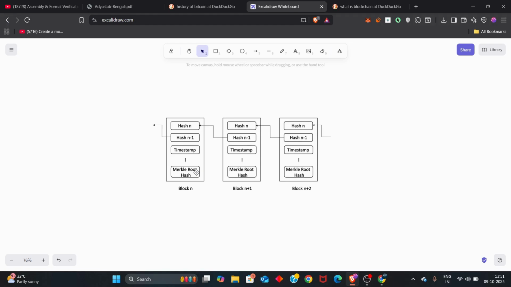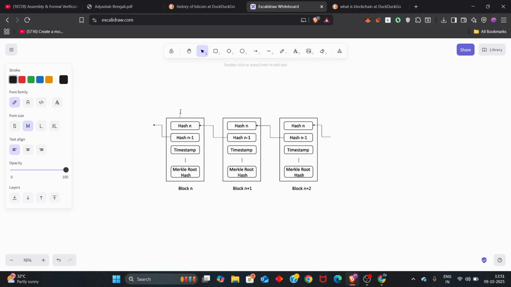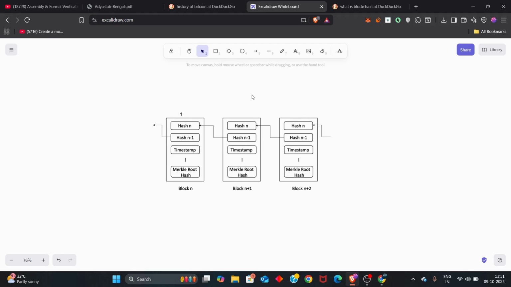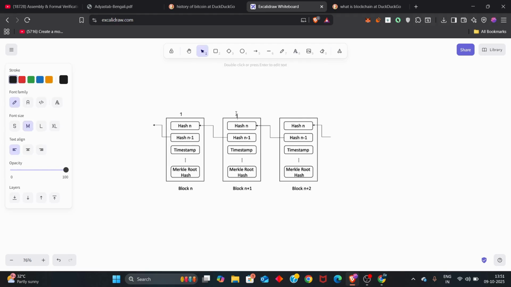Okay, so as you can see, this is the hash of this block. Let me give the blocks numbers: block number one, two, and three.